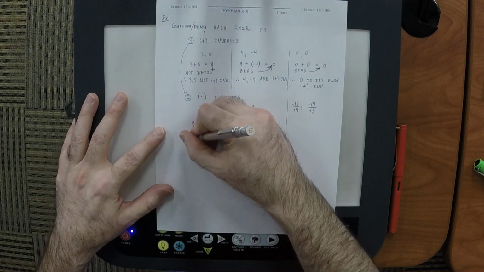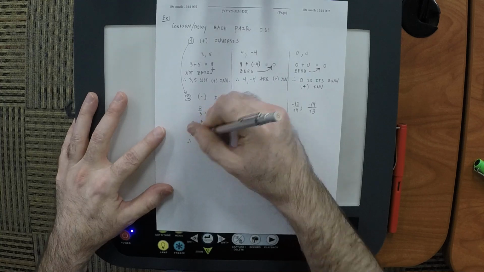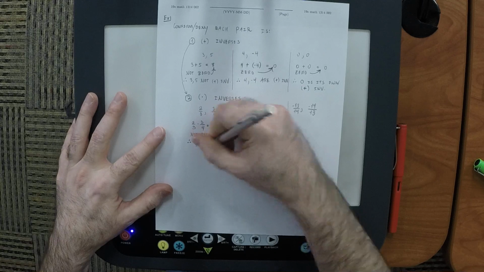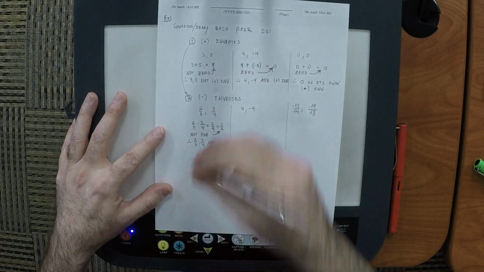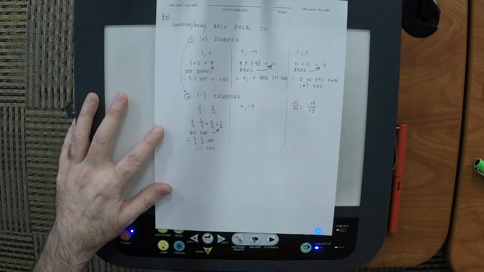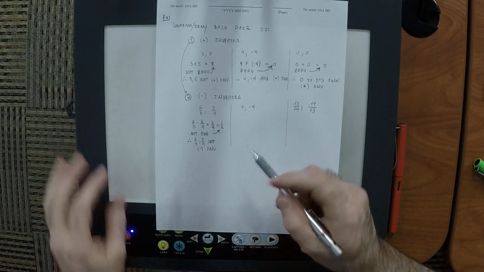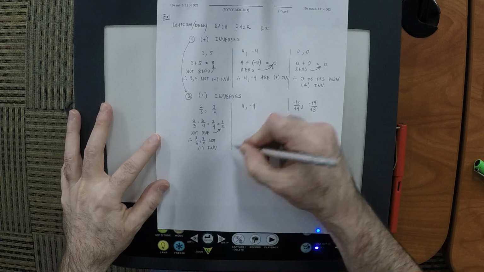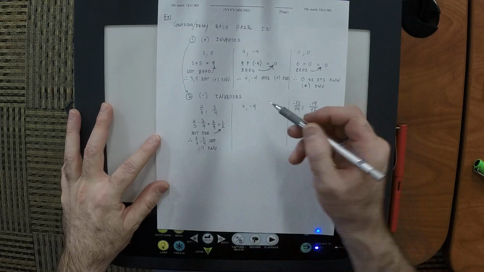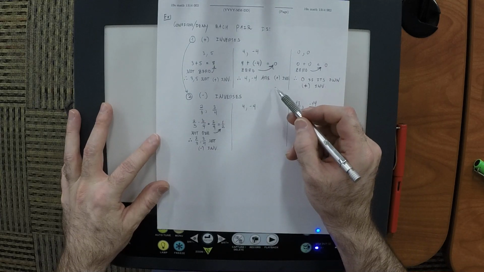Therefore 2/3 and 3/4 are not multiplicative inverses. All right, 4 and negative 4. Oh yeah, those are inverses, right? We just showed that, right?